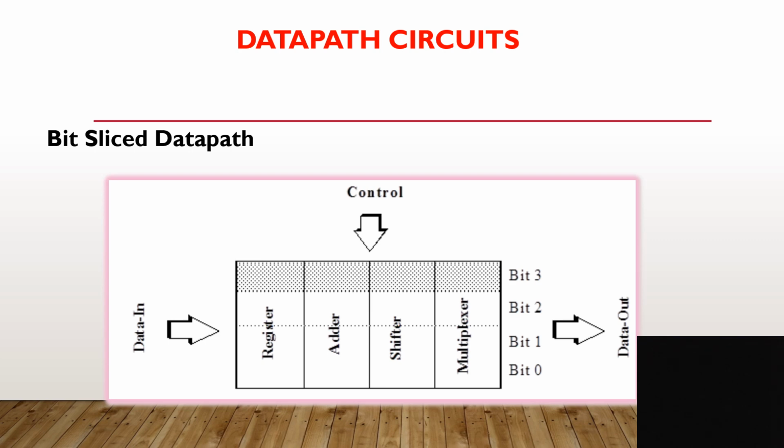Here it shows the 4-bit data path unit, from bit 0 to bit 3. The data will come to the data path unit, and based upon the control signal, operations like addition, subtraction, multiplication, shifting, or any logical as well as arithmetic operation can be computed within the data path unit, and the result is given to the right-hand side, that is data out.